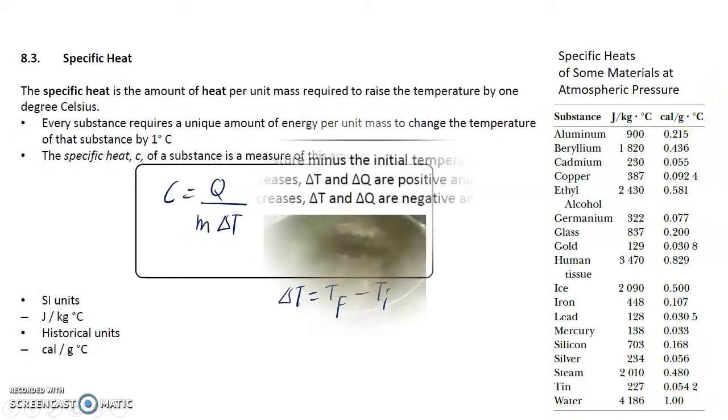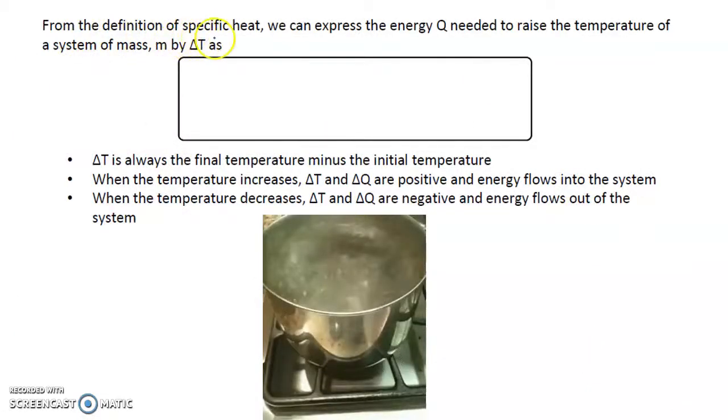Celsius. From the definition of specific heat, we can express the energy Q needed to raise the temperature of a system of mass m by delta T as Q is equal to mc multiplied with delta T, where delta T is always the final temperature minus the initial temperature.